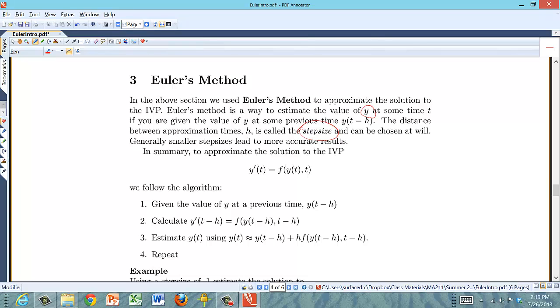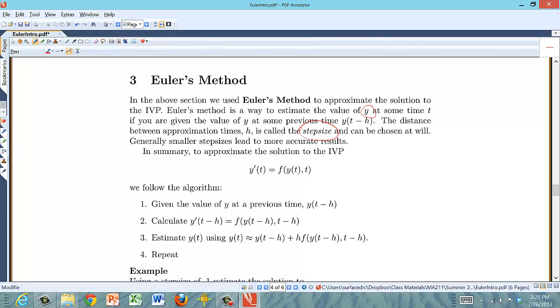And because the tangent line approximation is a better approximation to our solution in small intervals for small amounts of time, it's best to use small step sizes to get accurate results. Now, of course, using smaller step sizes means you'll have to do more work and calculate more things.